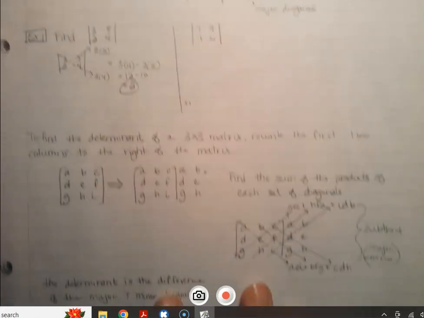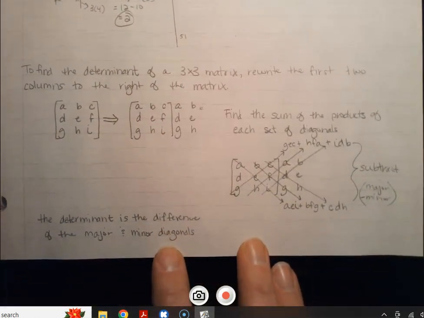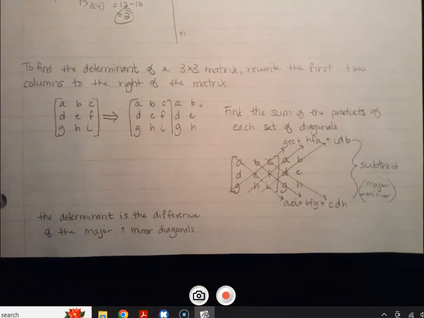Okay, so let's look at this a little bit more. All right, so step one is to rewrite those two columns to the right. Now, we're going to find the sum of the products of each set of diagonals. So here's the thing.